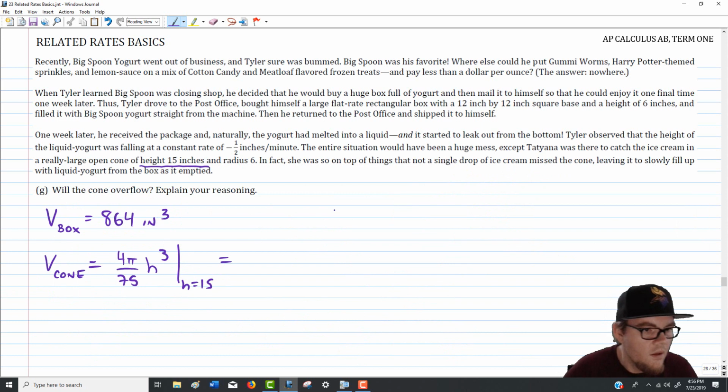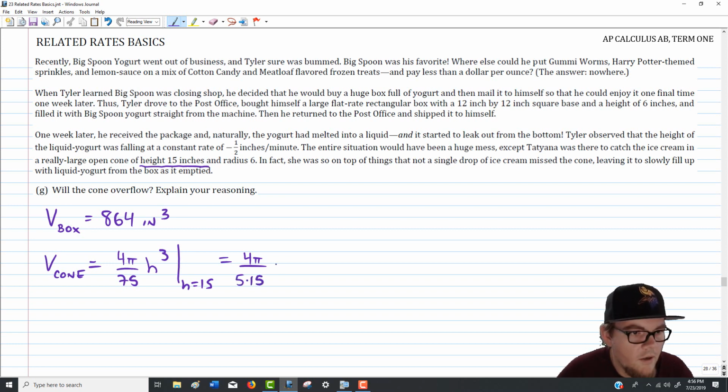Yes. Okay, that's going to be 4 pi over 75, which, by the way, just for the record, 75 is 5 times 15, so maybe we can make this work a little bit better. 4 pi over 5 times 15, times 15 to the third power. Well, the 15 is going to divide away. This is all just me being lazy, so I don't have to look at a calculator. It's going to leave us with 15 squared. I'm going to try to do this without a calculator.